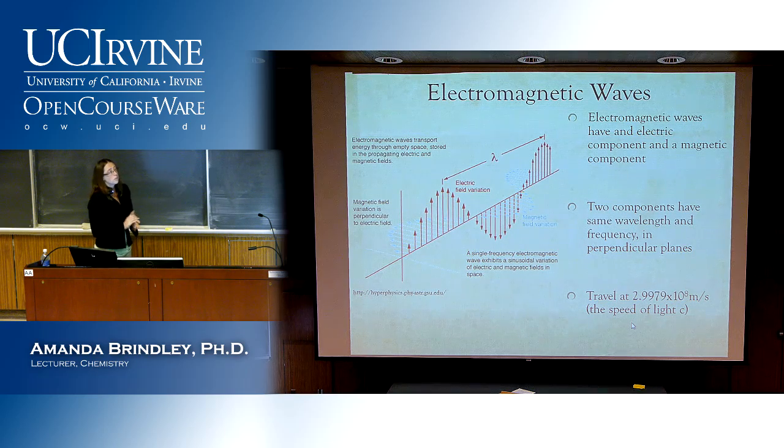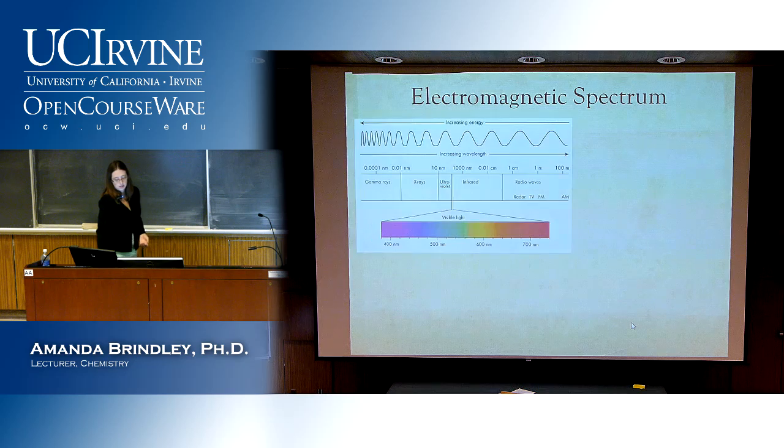Now, let's go back and talk a little bit about why all of those different electromagnetic waves that I talked about are so different, right? We had X-rays and microwaves and light and heat. What makes all of those so different from each other? So here we have the electromagnetic spectrum, and this figure has it listed out all the way.